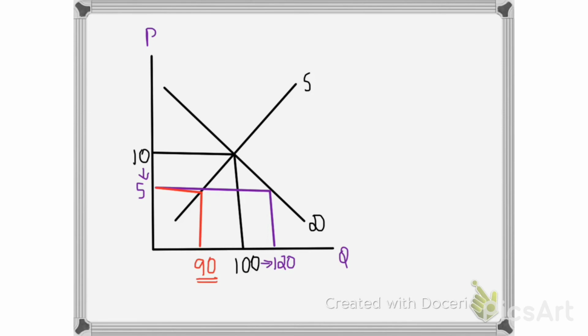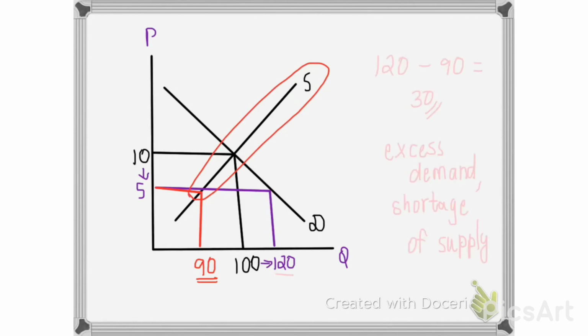So 90 is at the curve of supply. When we subtract 90 from 120, we get 30. This means 30 is the excess demand and the shortage of supply, because supply is at 90 and demand is at 120, since 120 is reaching the demand curve.